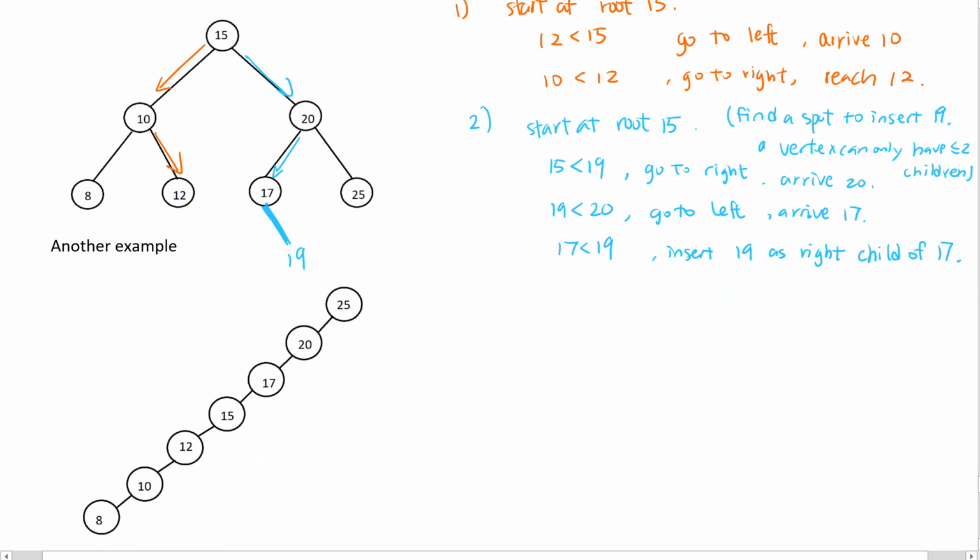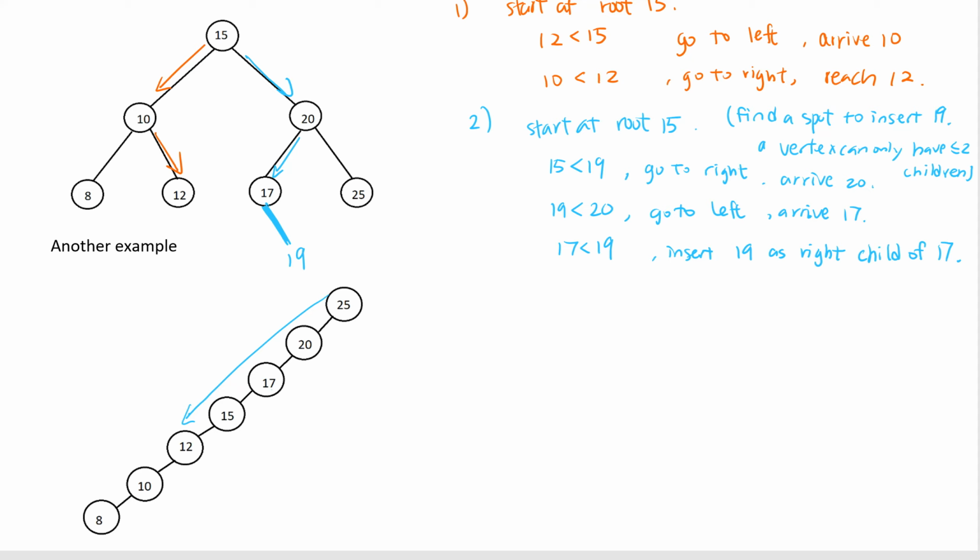Okay, so another example, you can see the root is 25, and all the numbers are less than 25, so we go to the left. Then how do we search 12? We just go until we reach 12. And how do we insert 19? We go to 20, and 19 is less than 20, keep going.